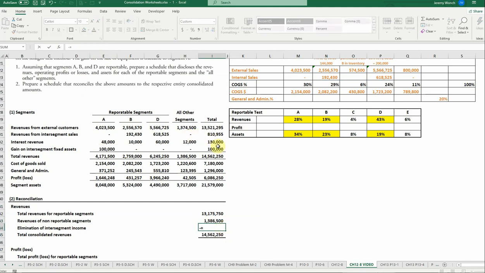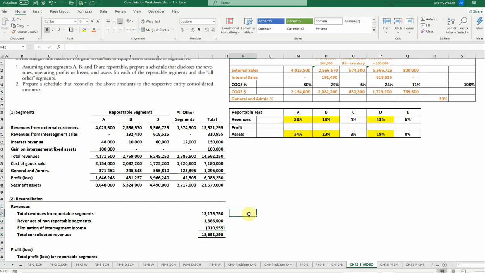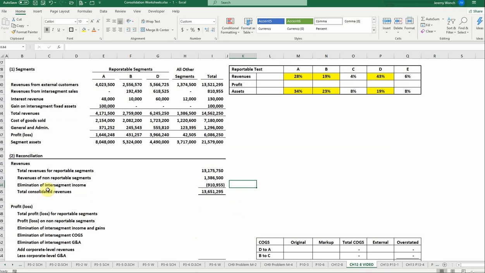We can actually just pull that from these 2 lines. All right, so basically while we showed 1.45 million for total revenues for segment reporting, our consolidated financials are only going to show 13.6 million. And so this is the reconciliation on how we get there.